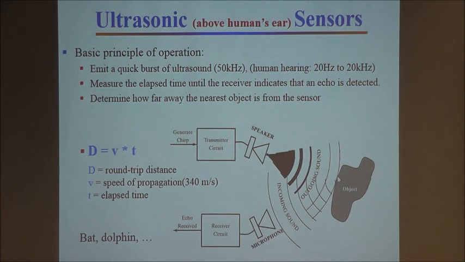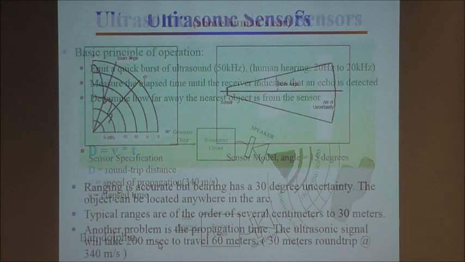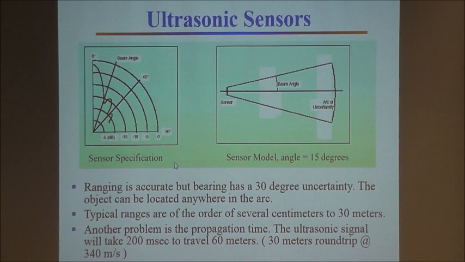It used to come this way, now it's going that way. And then it's detected by this receiver. Okay? And as we said before, no moving species except bat and dolphin can do that. And maybe a few more that I don't know, and the otter they know.